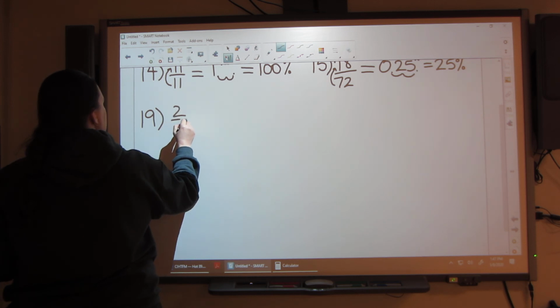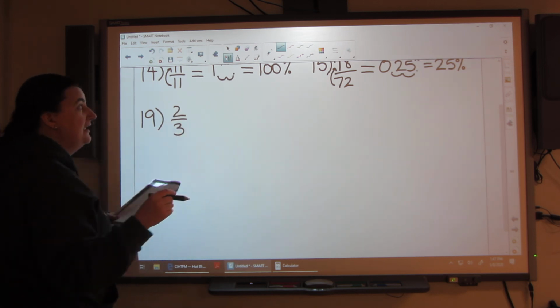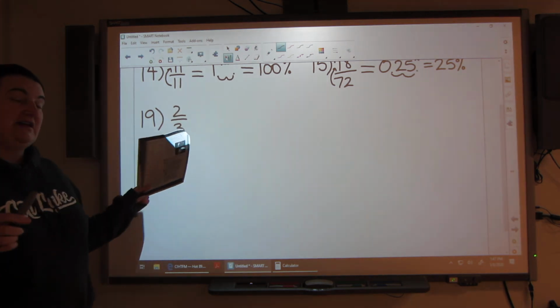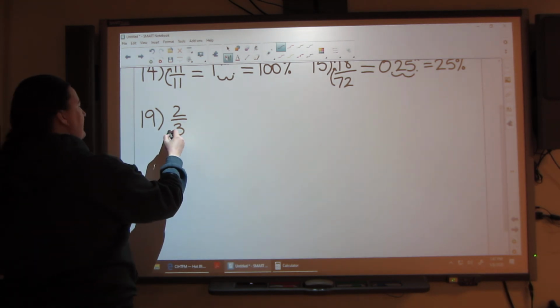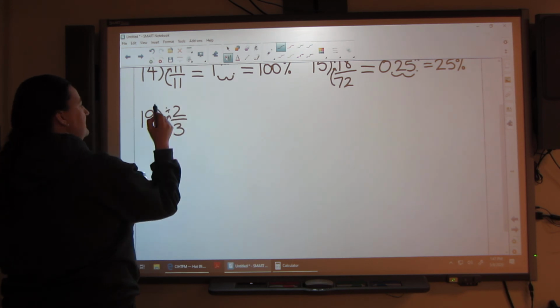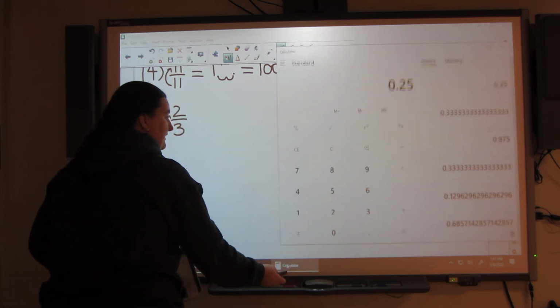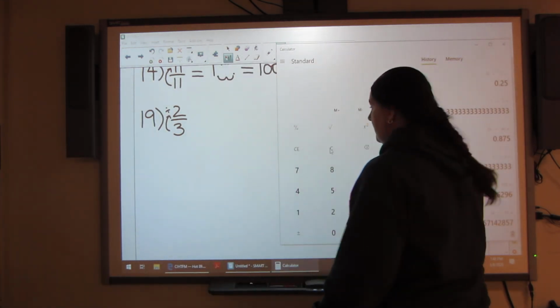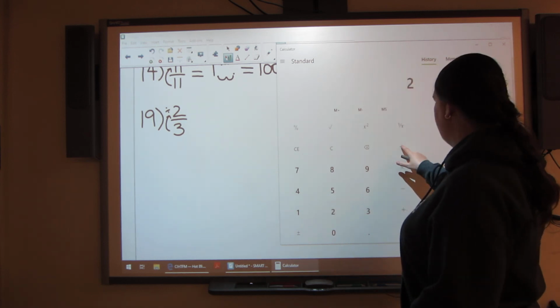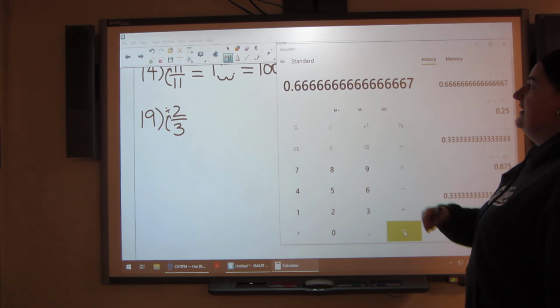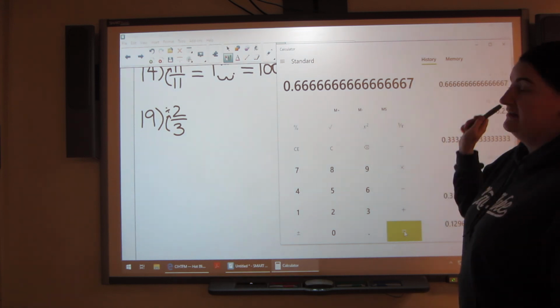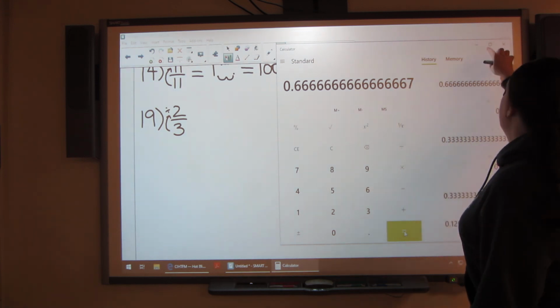I have 2 over 3. I cannot change my 3 into a 100 denominator. It's not part of my math facts, so I divide. Let's get our calculator going. So 2 divided by 3 is 0.66666, and then there's a 7 at the very end.